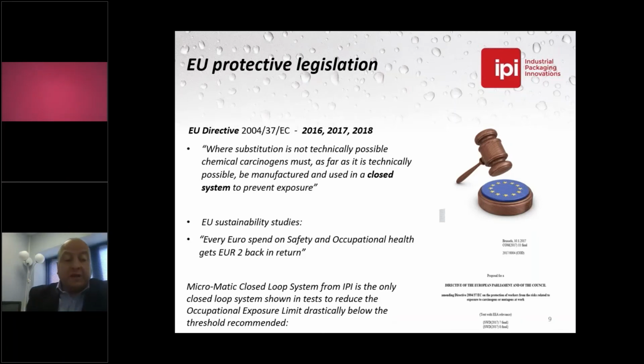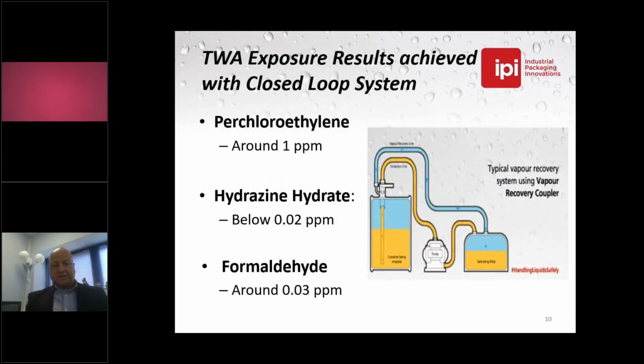So the Micro-Matic closed loop system from IPI is the only closed system shown in tests to reduce the occupational exposure limits drastically below the thresholds recommended. And on the last slide here, we have some of those limits.